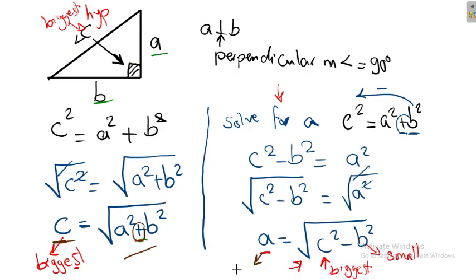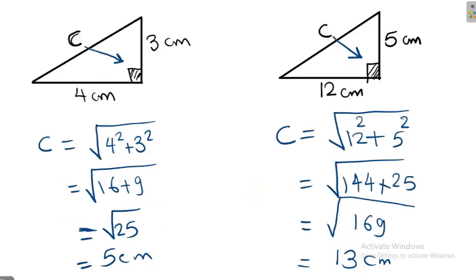And thus, if you want to get one of the smalls, get the square root of the subtraction of the biggest one squared minus the other small squared. This is simple to memorize.